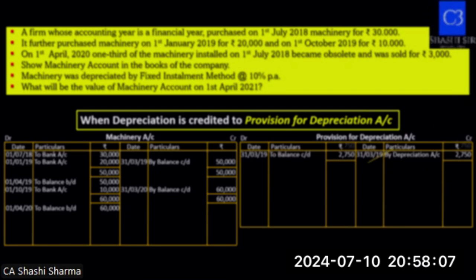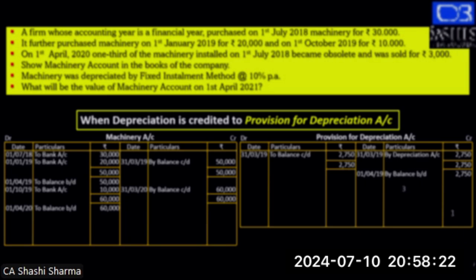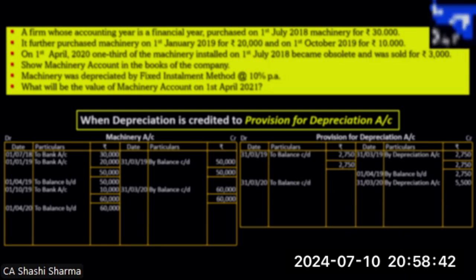2750. In the next year, second year, balance will be brought down on the credit side, 2750. And again, we will provide depreciation in the second year. The amount was as calculated in the previous solution, 5,500. The balance CD will become more. It will get accumulated.